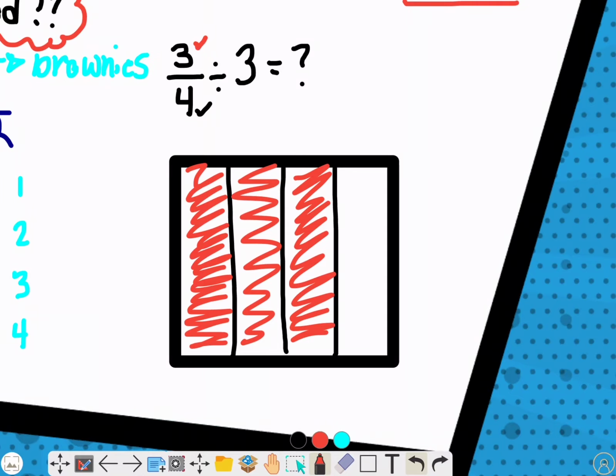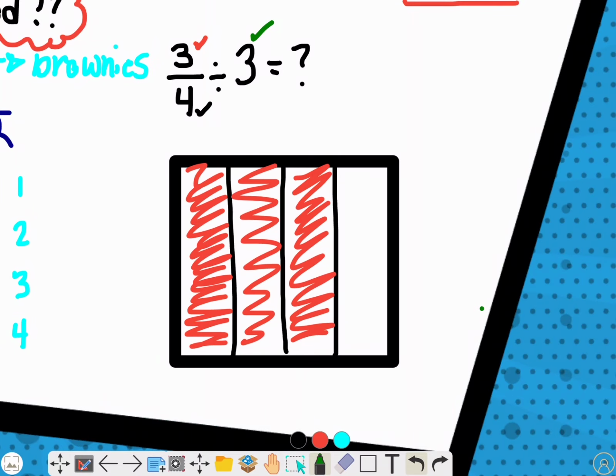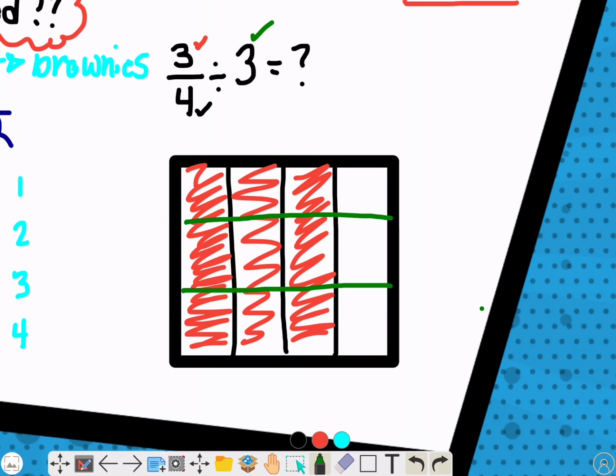I'm deciding to split it amongst 3 people, myself and maybe 2 friends. This is my first friend's section of brownies, this is my second friend's section, and this is my third friend. So this one has 3 slices, this one has 3 slices, and this one has 3 slices. So each person gets 3 slices of brownies.